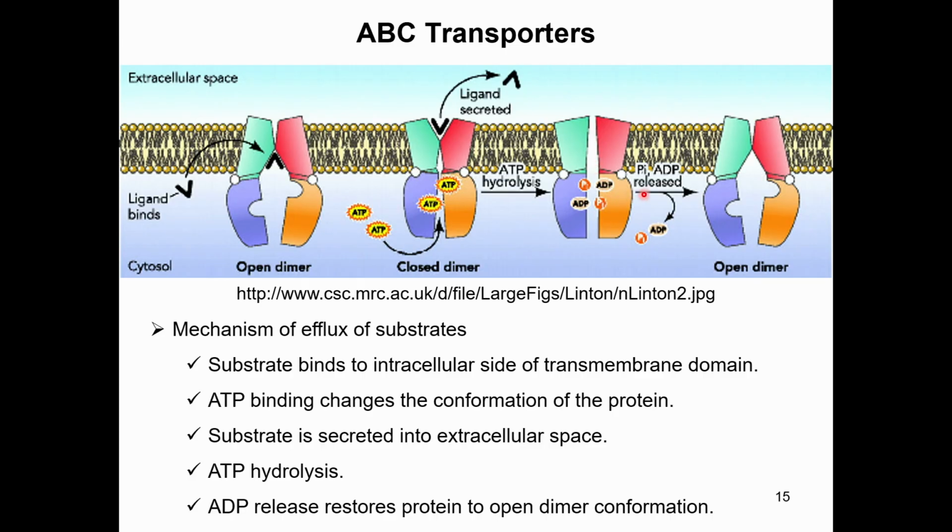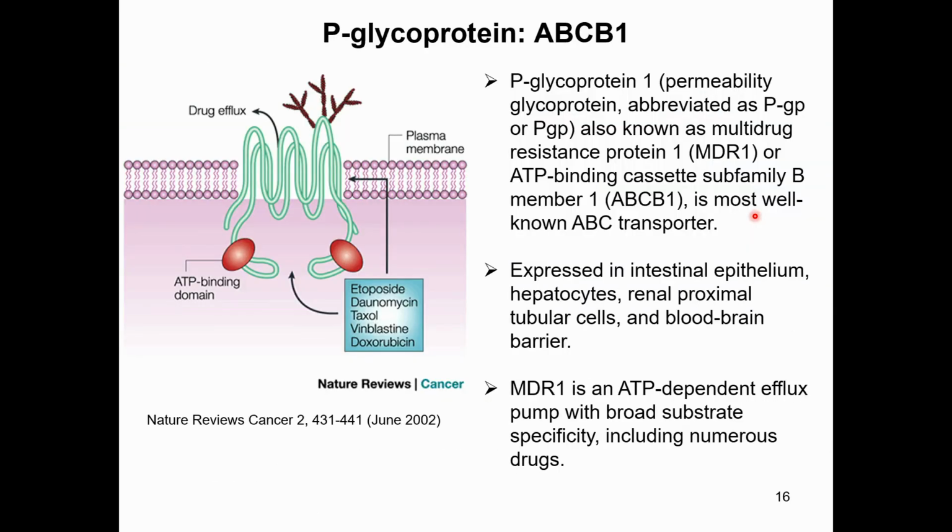Once ADP is released, it flips back into the ready position. So it's basically ATP hydrolysis driving excretion of a compound, and then release of ADP and inorganic phosphate resets it to the open position. So they pump drugs back out of cells.